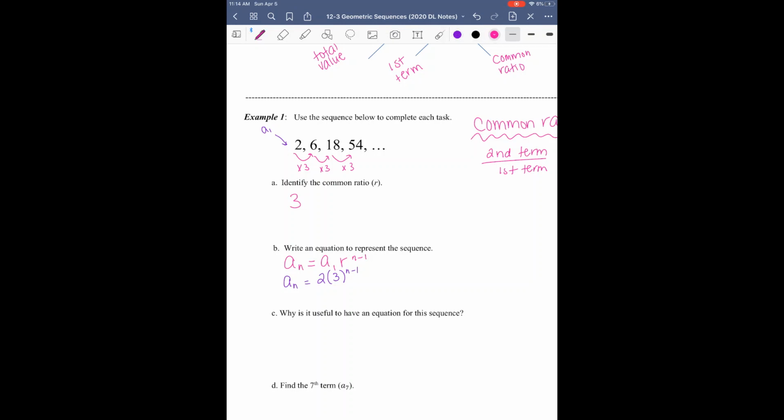So again, it is useful because it helps us find any term in the sequence in a quicker way.